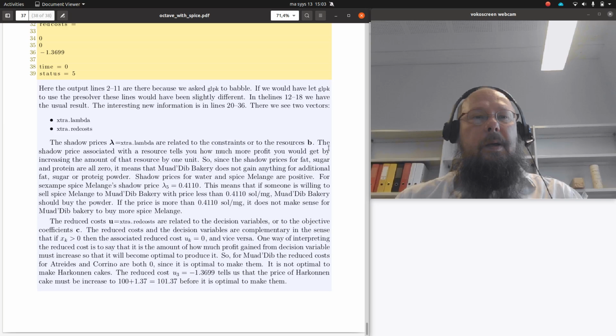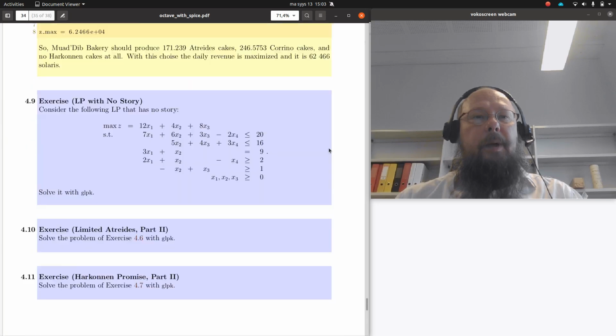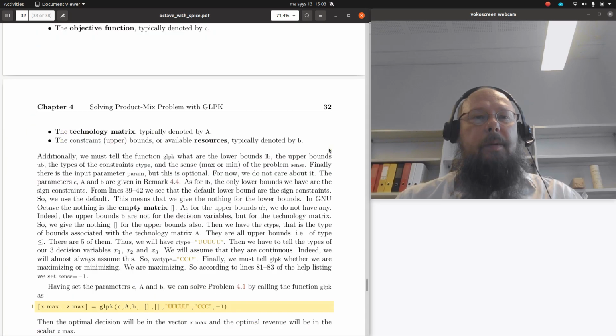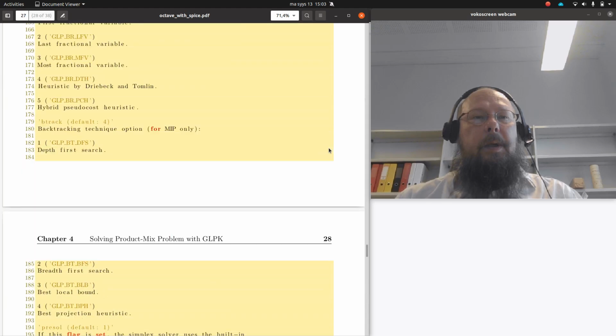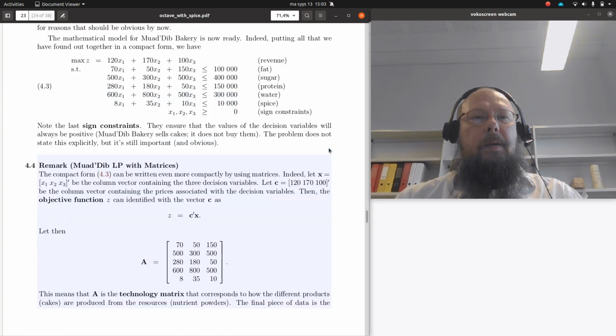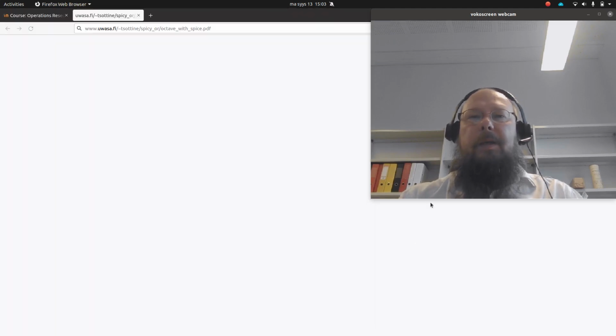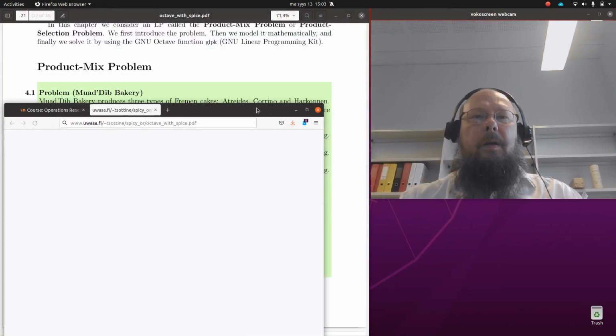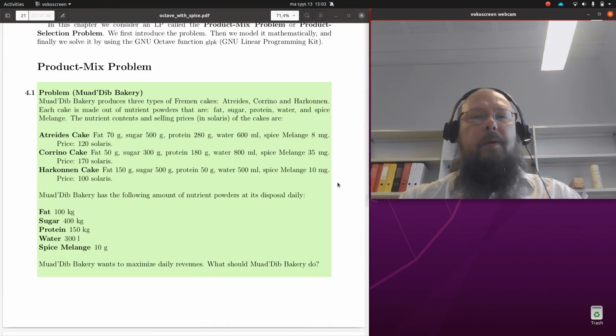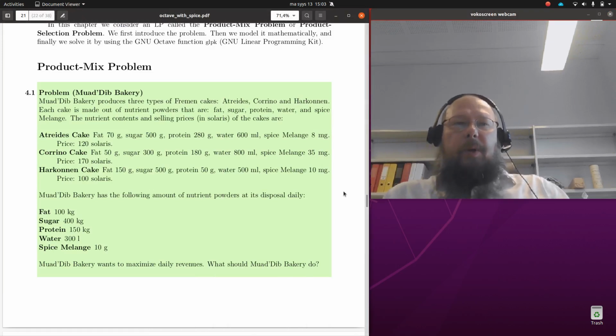Let me scroll down and up. All right. Yes. Sorry about all these windows. Okay. So that was problem 4.1, which was the same as our 5.1.